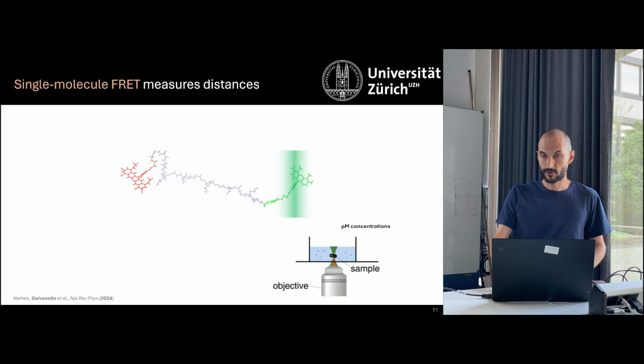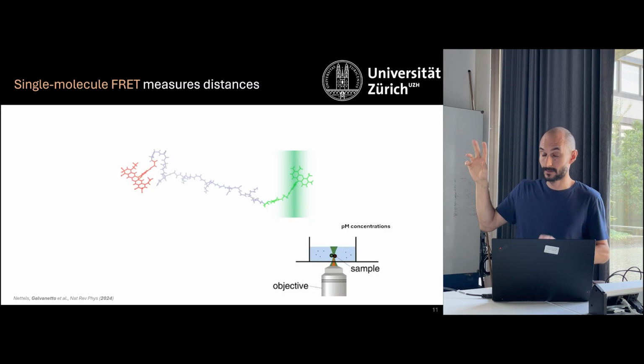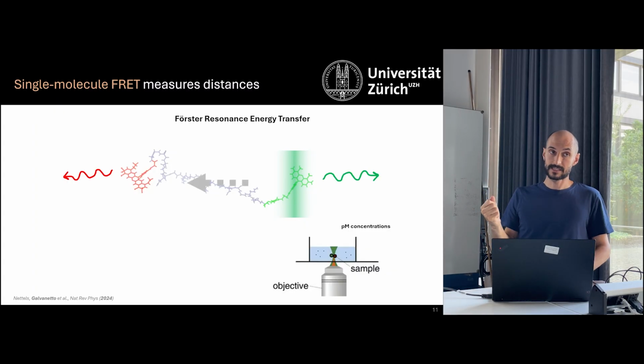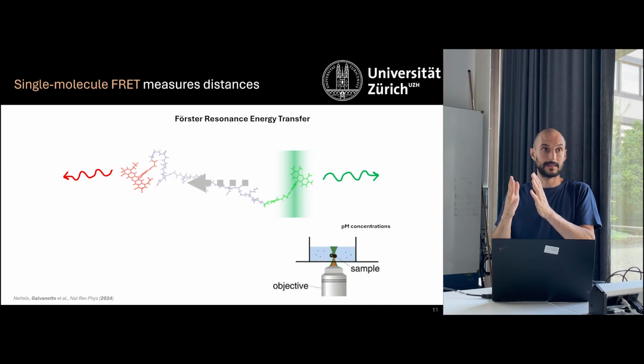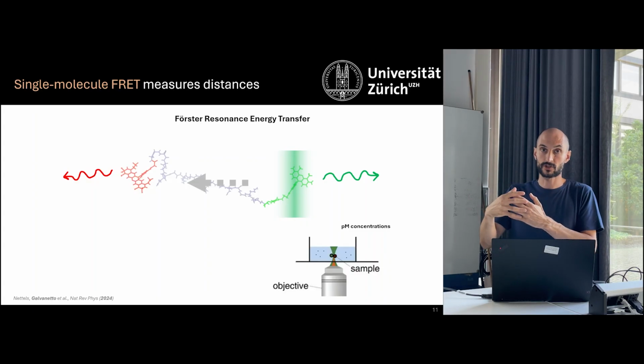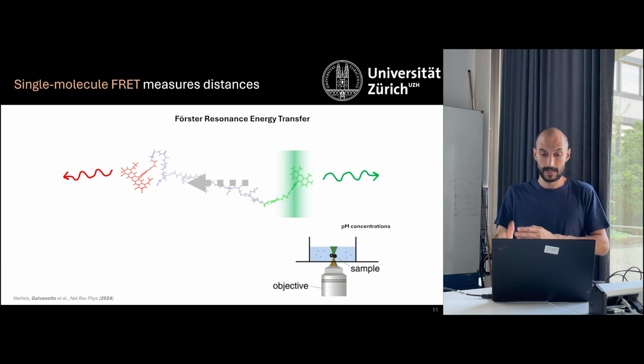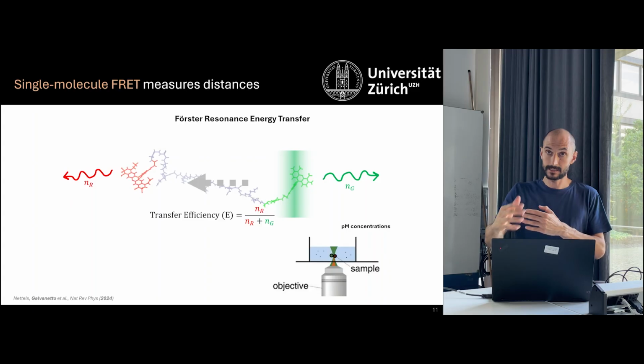And you excite, in this case with green laser light, and in principle you should only see the emission from this so-called donor fluorophore. But thanks to resonance energy transfer, there is a dipole-dipole interaction that allows a non-radiative transfer of the energy to the acceptor, the red fluorophore, which is distance dependent.